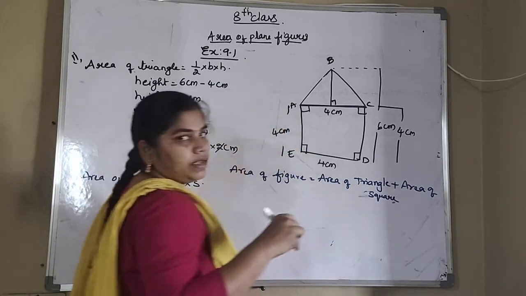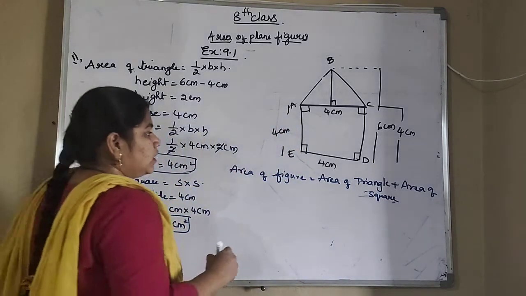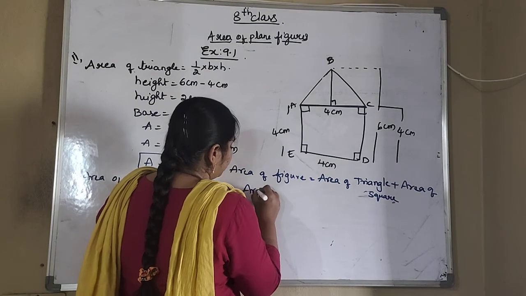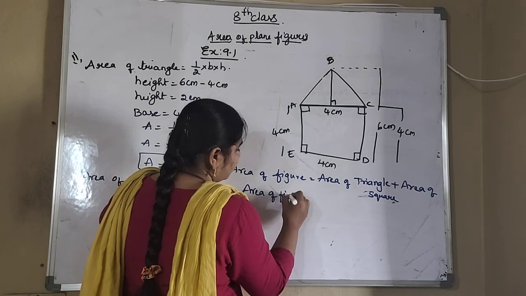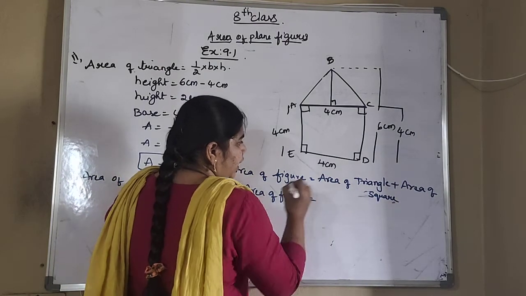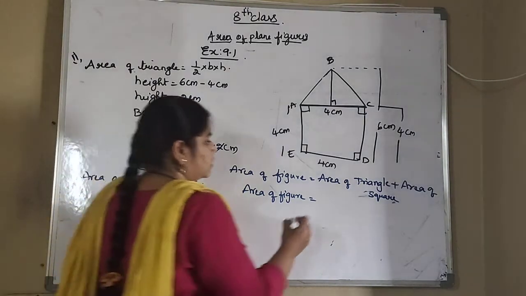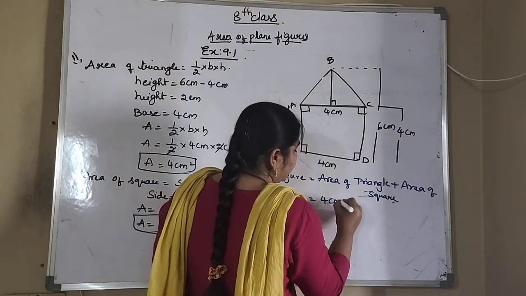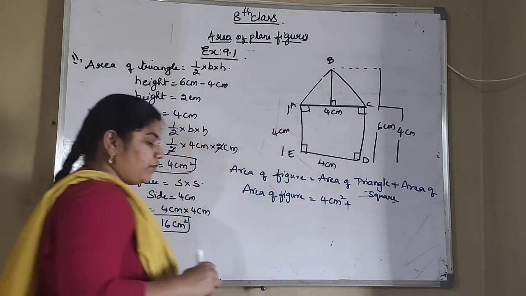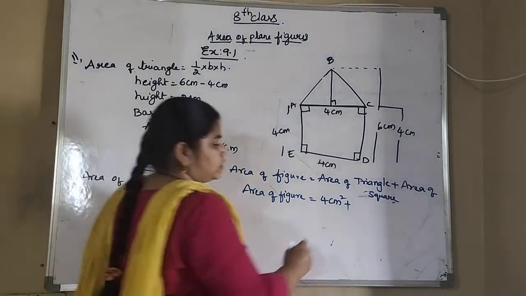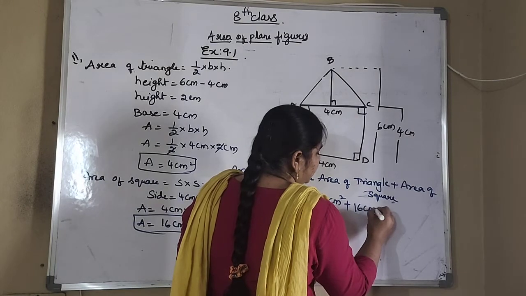Okay, area of a triangle plus area of a square. So area of the figure equals area of the triangle, which you got as 4 centimeters square, plus area of the square, which you got as 16 centimeters square.